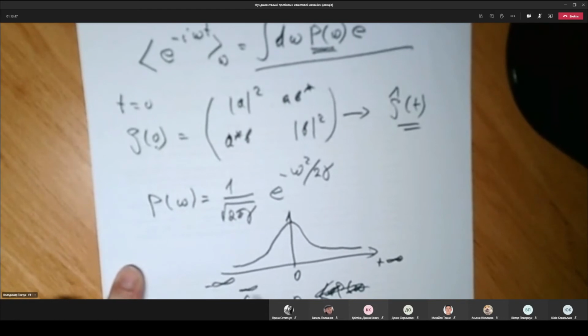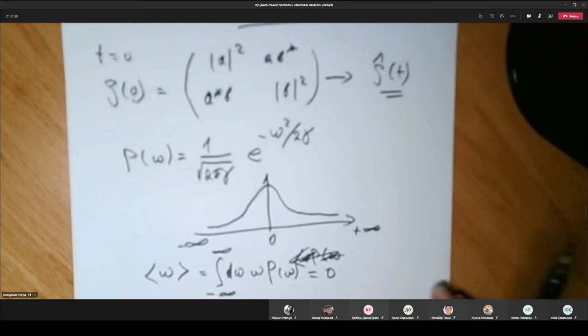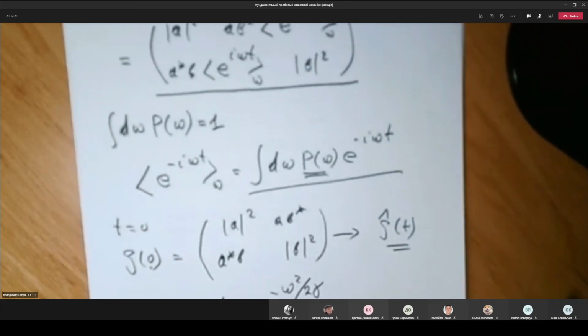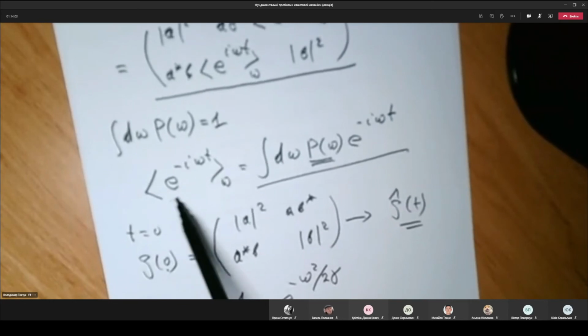Of course, for a Gaussian distribution function it will be 0 because it is symmetric, and here we have omega in power 1, so of course it is 0.